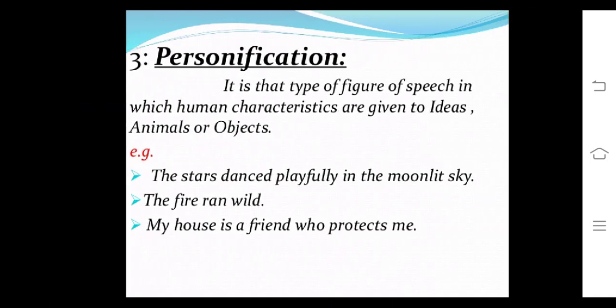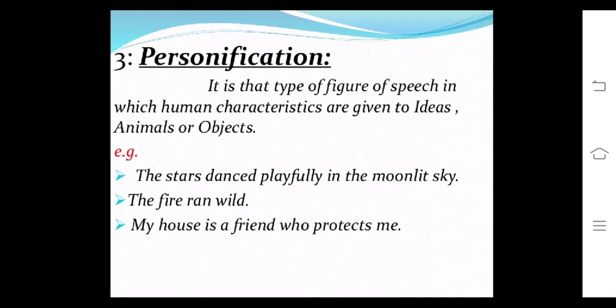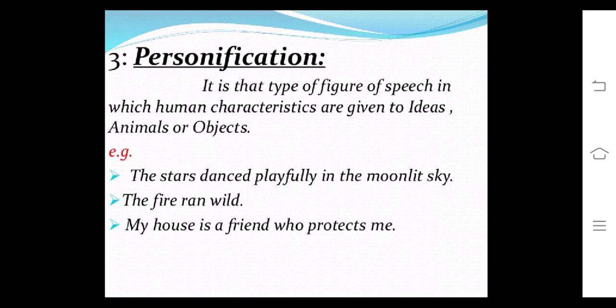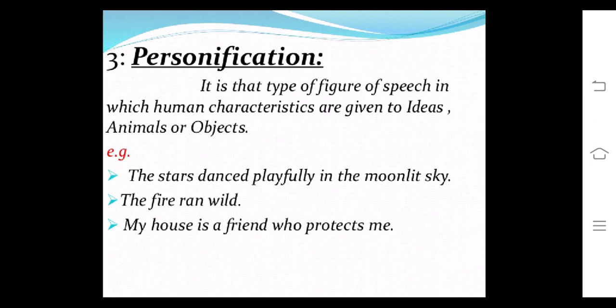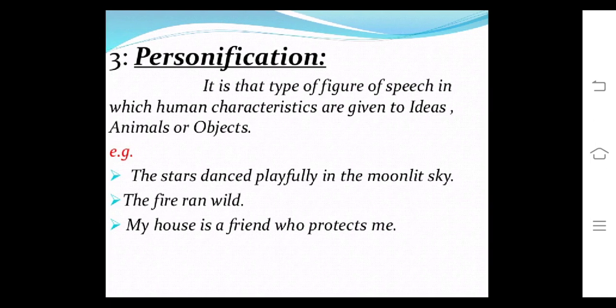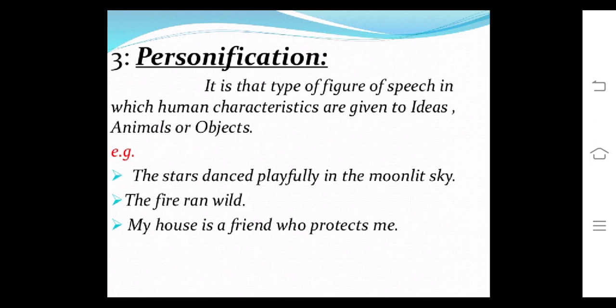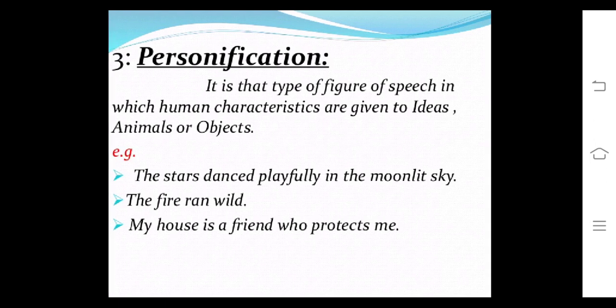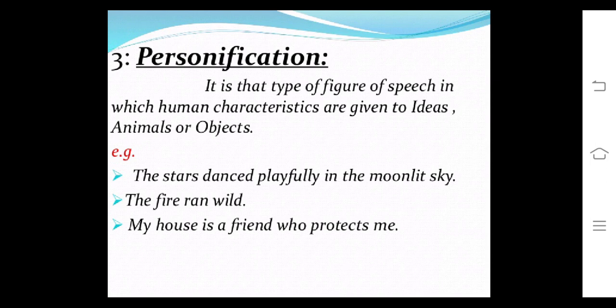Okay, now we'll move to the next, that is personification. What is personification? I will give a simple example. Personification in the sense, for the non-living things we are giving a living quality. Understood?